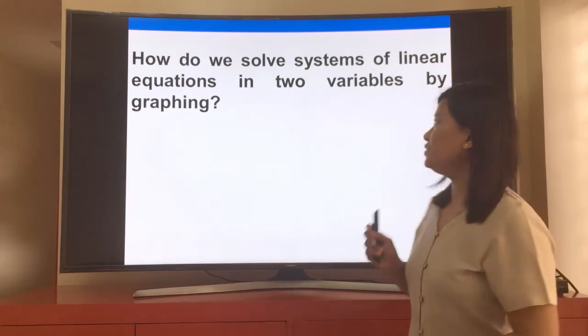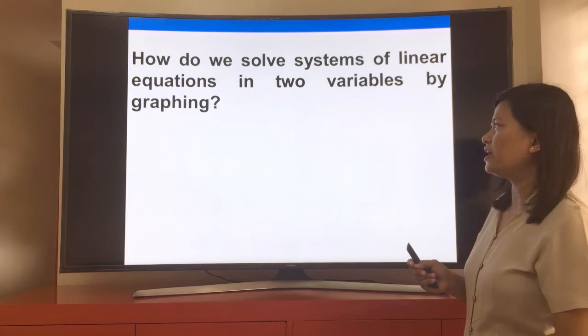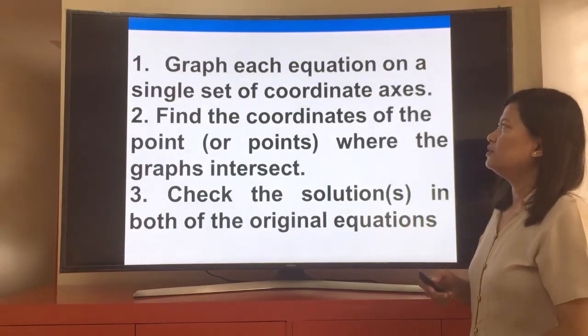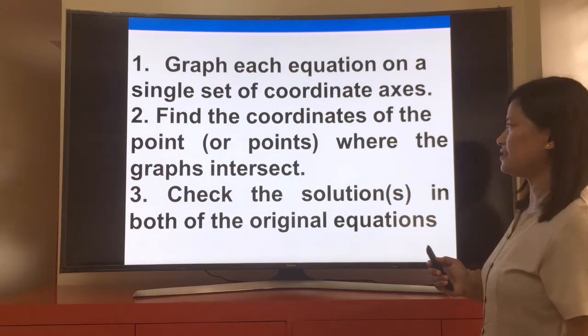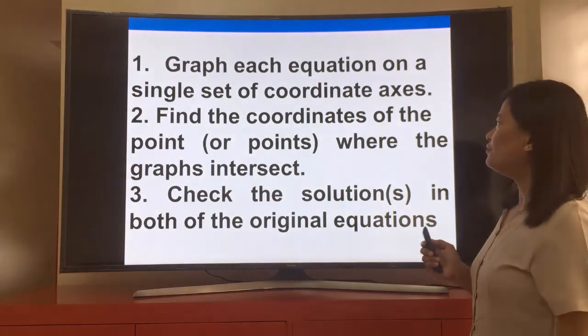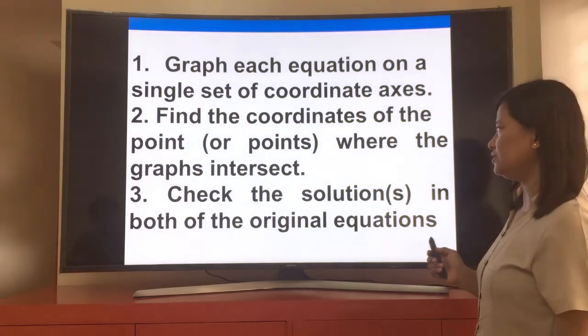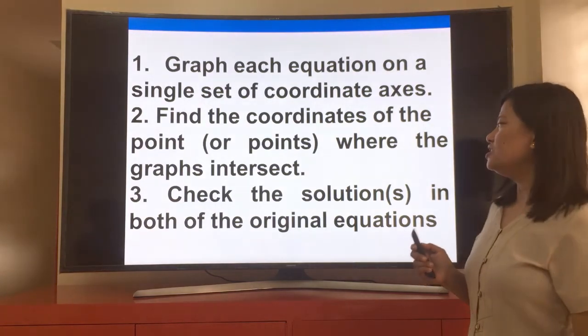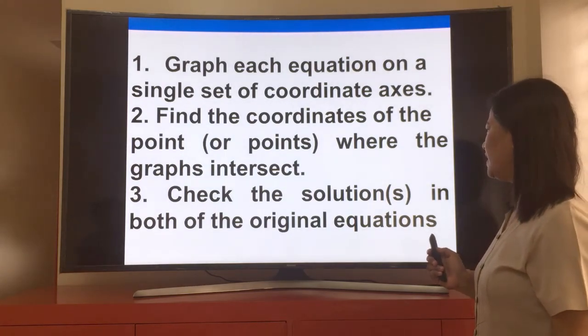So, how do we solve systems of linear equations in 2 variables by graphing? 1. Graph each equation on a single set of coordinate axes. 2. Find the coordinates of the point or points where the graphs intersect. And 3. Check the solution or solutions in both of the original equations.